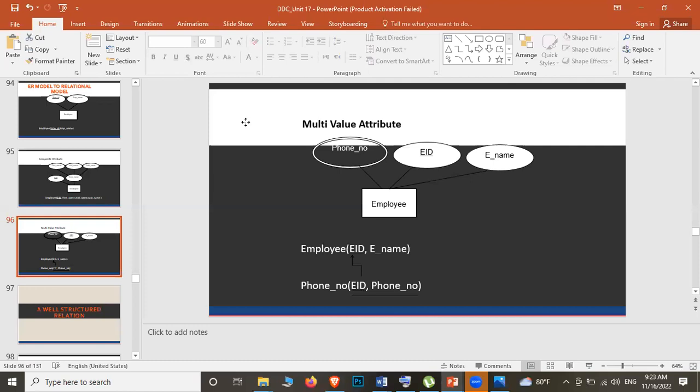And then we have to learn about normalization. Okay, we'll see. Wait, give me a minute.